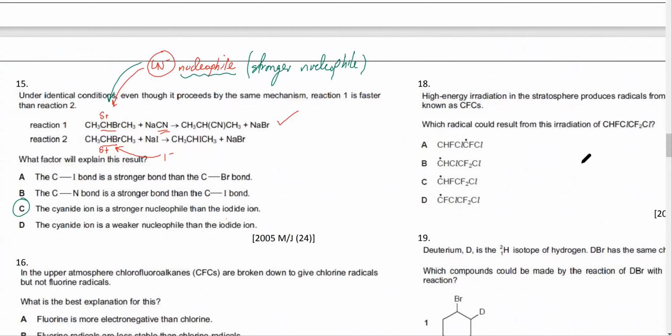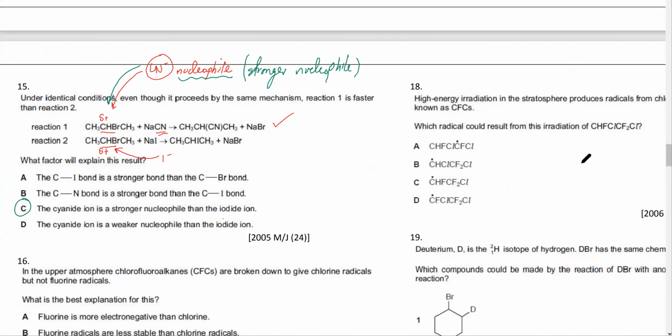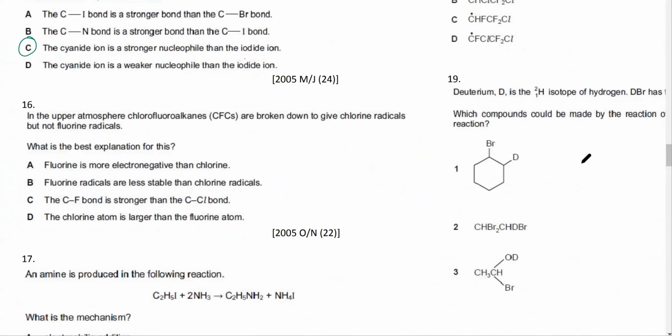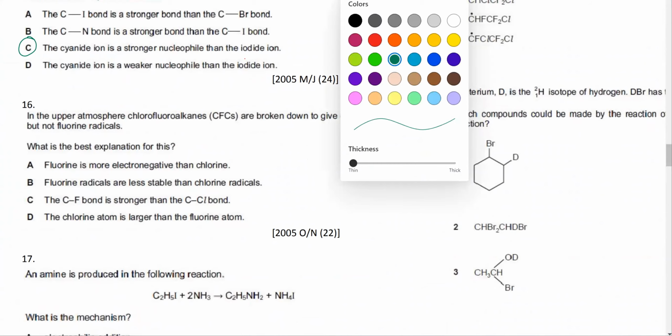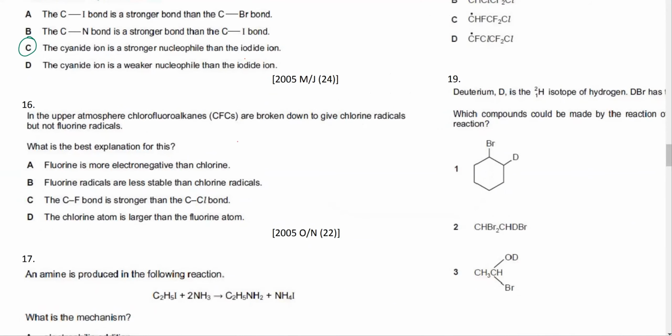Okay, the next question: in the upper atmosphere CFCs are broken down to give chlorine radicals but not fluorine radicals. We studied this yesterday. Why are fluorine radicals not produced? They are produced, but not in a large quantity.